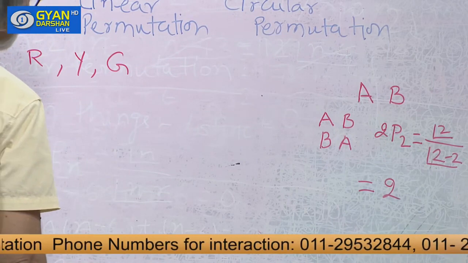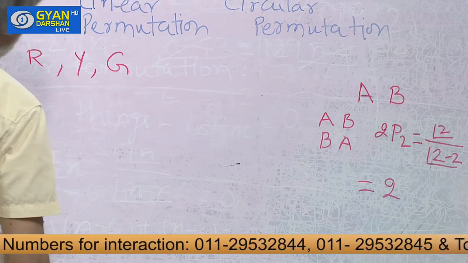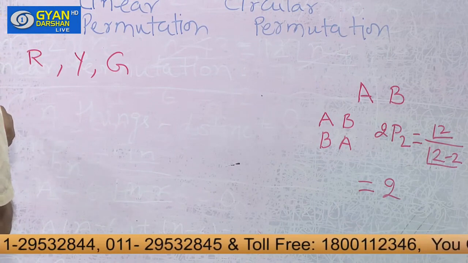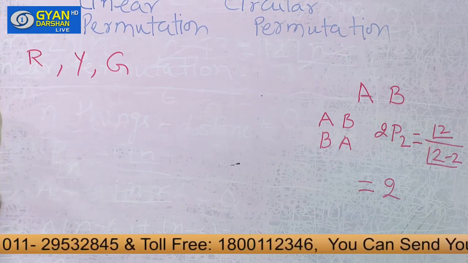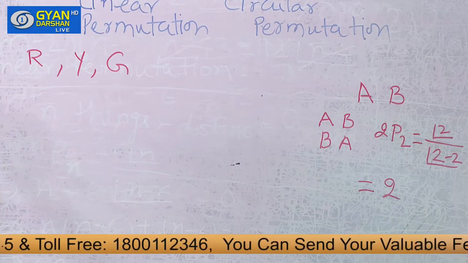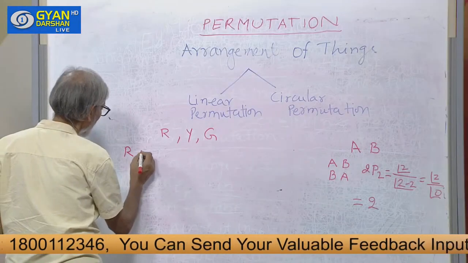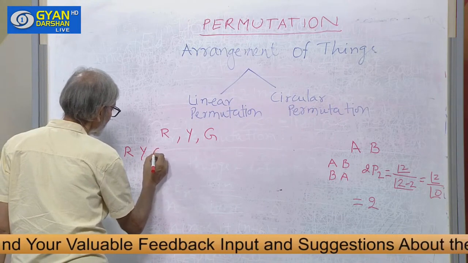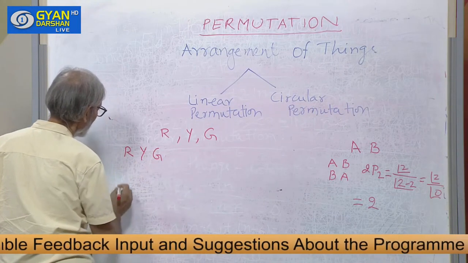So, how many permutations are possible? The possible arrangement is, let us take R at first place, R, then yellow Y and then G green.